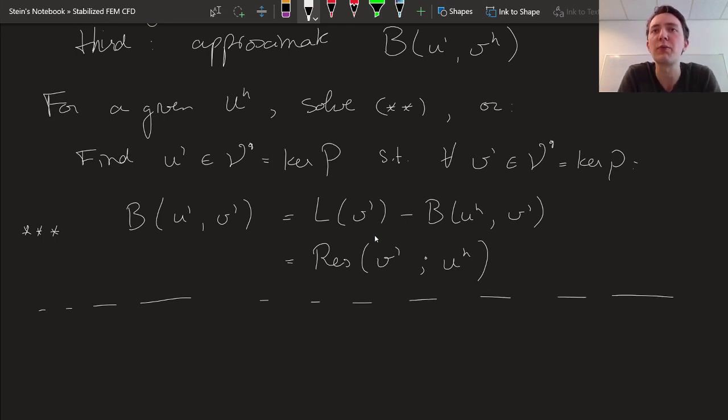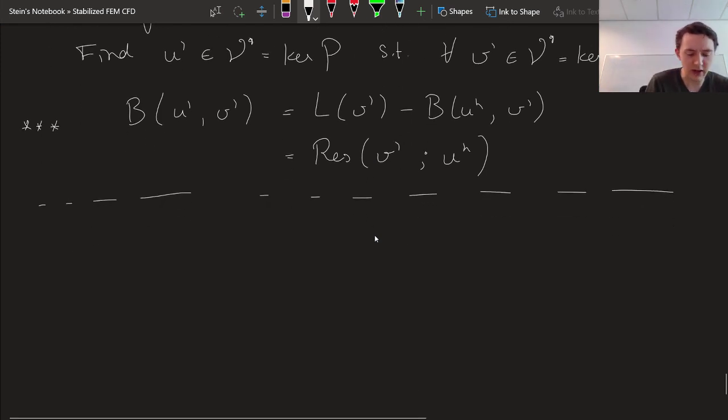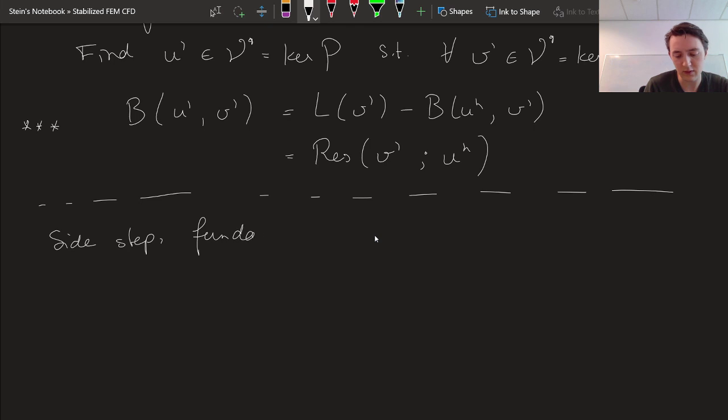If you've taken a class on partial differential equations, then you probably either came across or heard the term fundamental solution or Green's function, and they're very related. So we're going to take a bit of a sidestep. I'm going to talk about fundamental solutions or Green's functions.